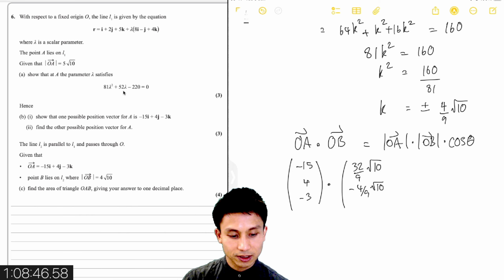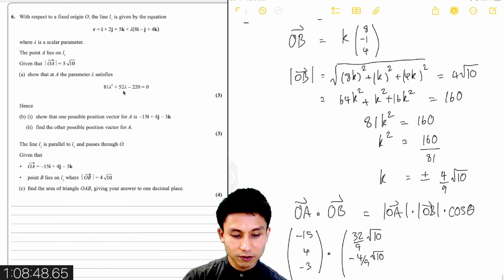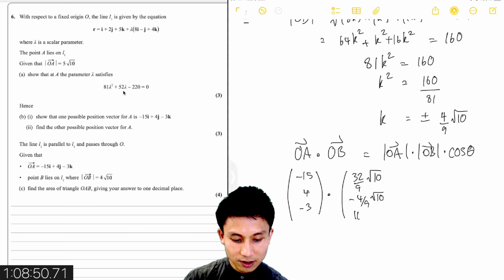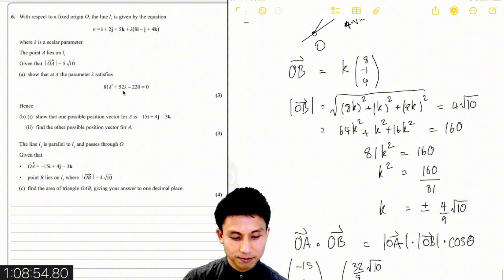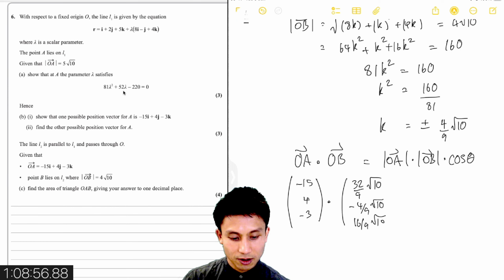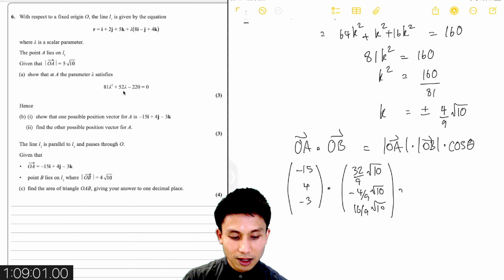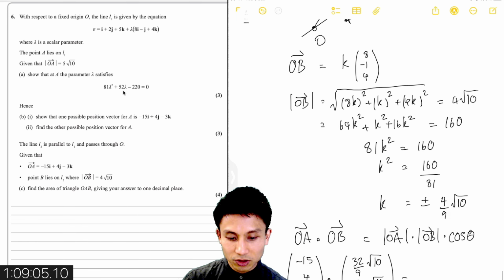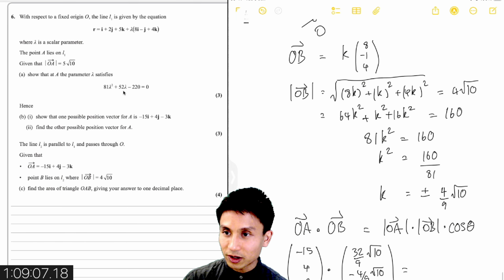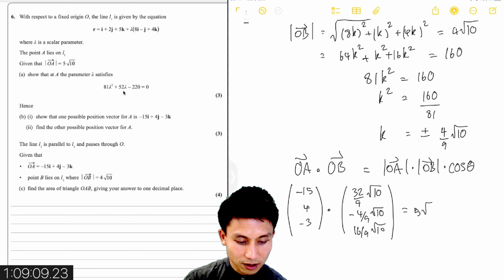And 4 over 9 root 10 times 4, I get 16 over 9 root 10. Yep. So that is the OB. And then that would have to be put equal to modulus OA, which is already given to be 5 root 10, times modulus OB, which is 4 root 10, times cos theta.